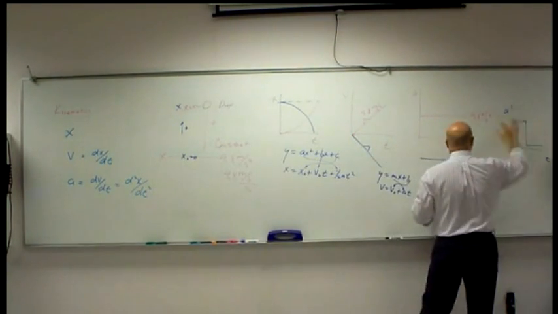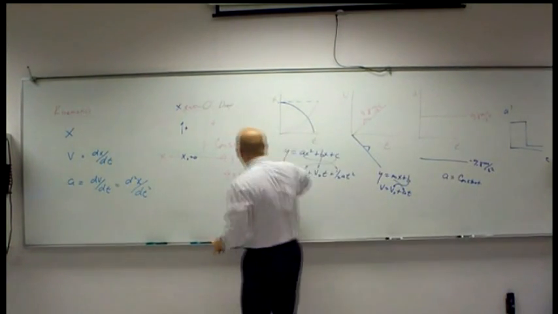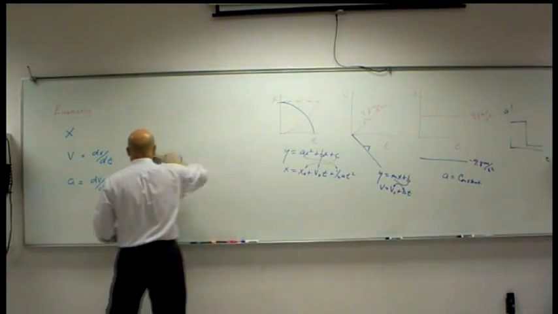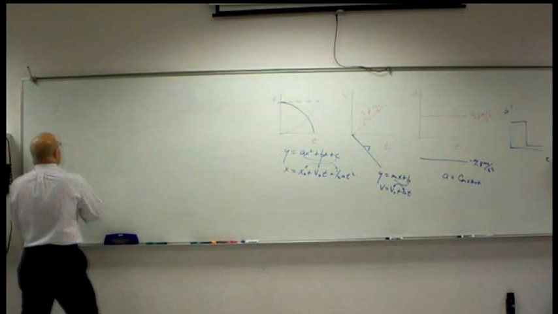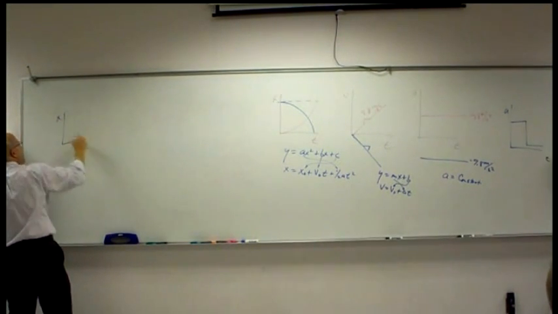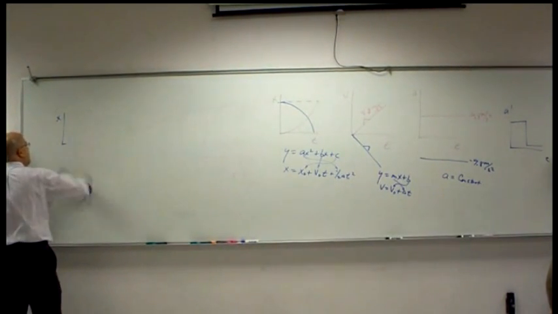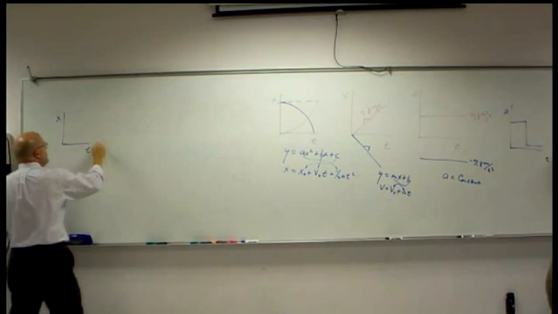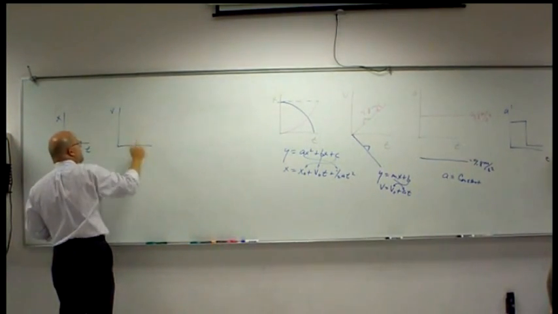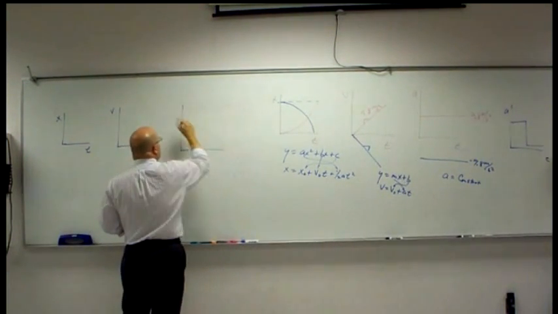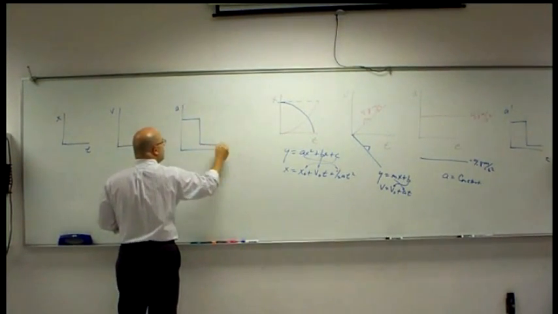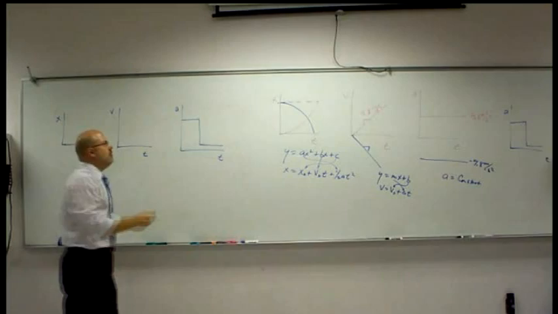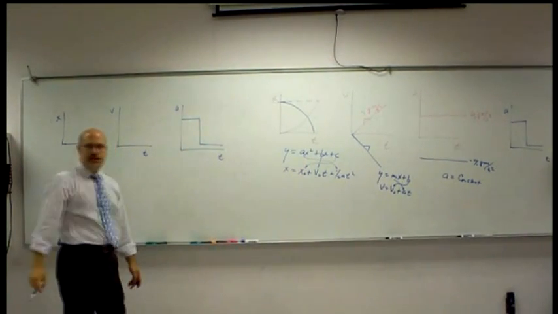If I have an acceleration graph that looks like that, what will the displacement and velocity graphs look like? X versus T, V versus T, A versus T, and this one I've got drawn like this. Now we're assuming that this drops instantaneously.